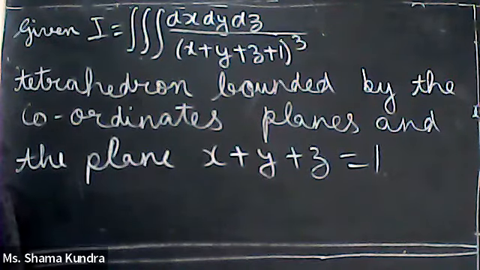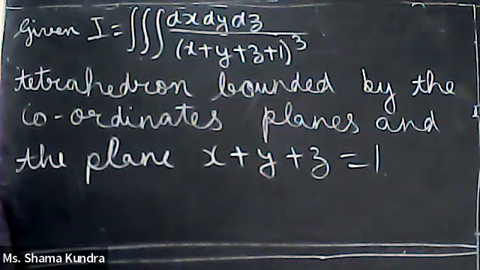See, here the limits are not given, limits have to be found. In a double integral, we keep one variable as constant and one as variable.